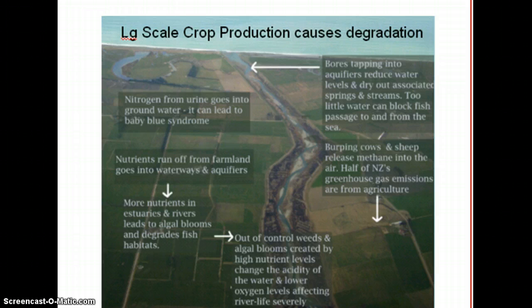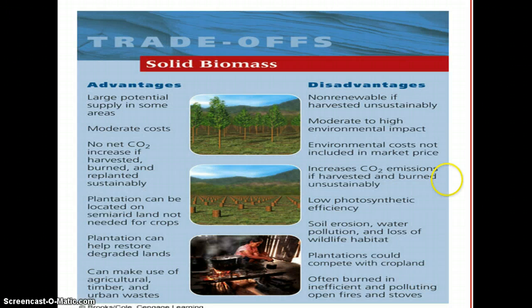Obviously, if we're going to grow crops for alternative energy sources, you have to think of all the problems associated with crops. There's definitely land degradation, air problems, water problems. So any problem associated with crops and industrialization.